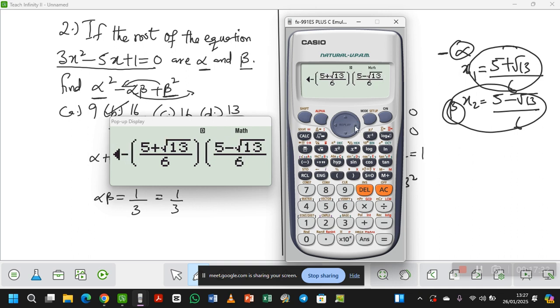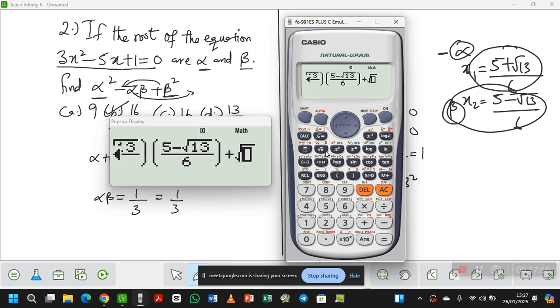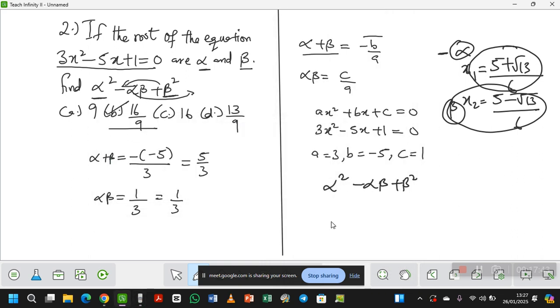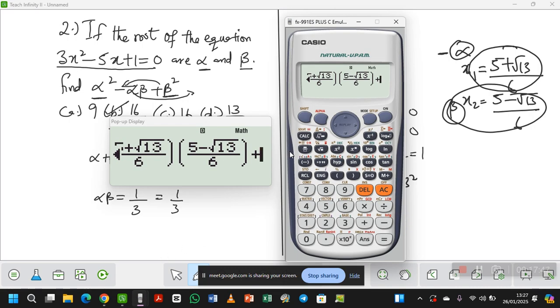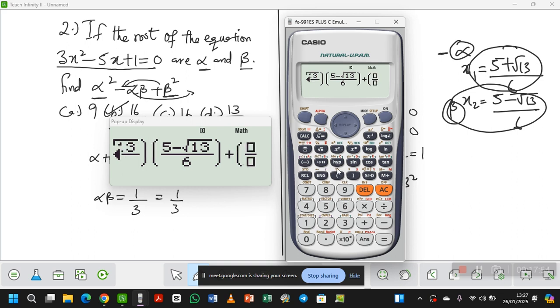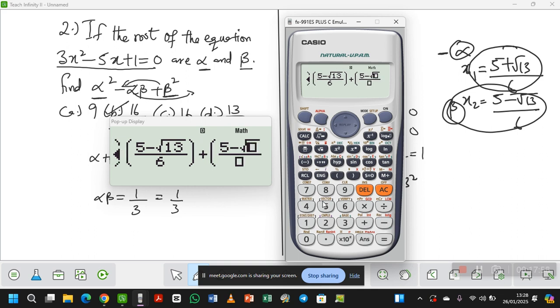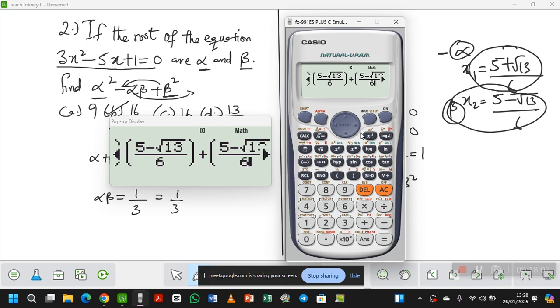Okay. Alright, sir. So I close the brackets plus square root of 5 minus root 13 divided by 6.